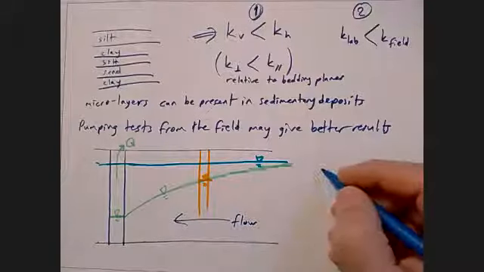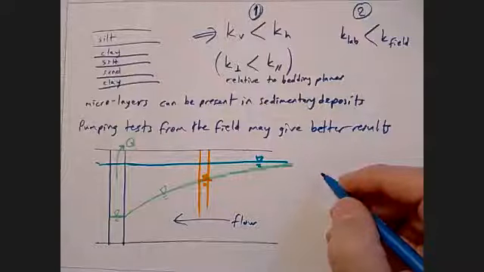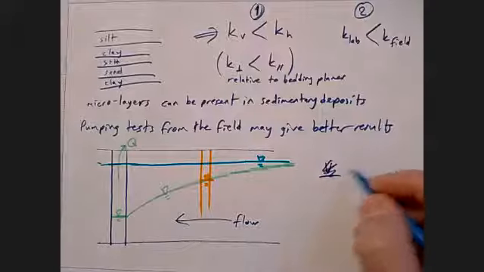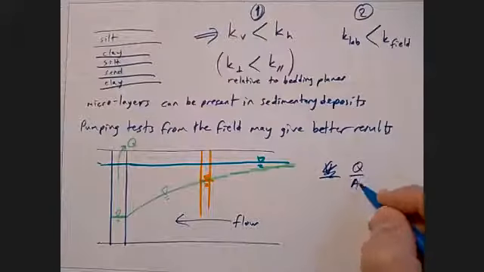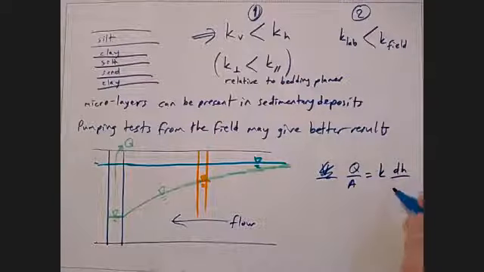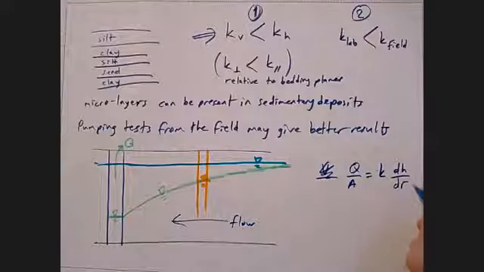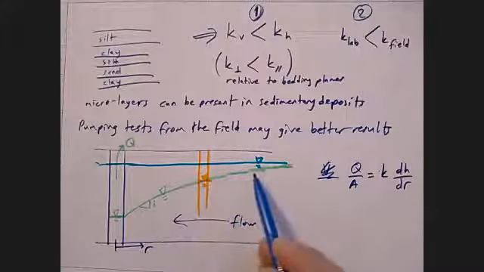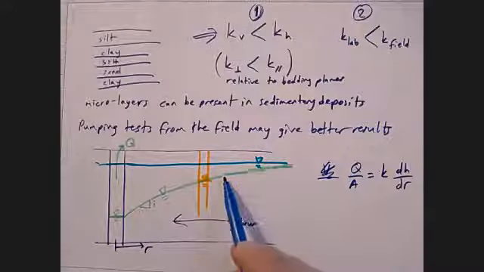So again, if you, for example, write Q over A is going to be K dH over dR, this time R. Here is your R coordinate. Why? Because flow is happening in that direction as well, and your hydraulic gradient is simply this, because this is the water surface, so at any point on it, the total head is that elevation.